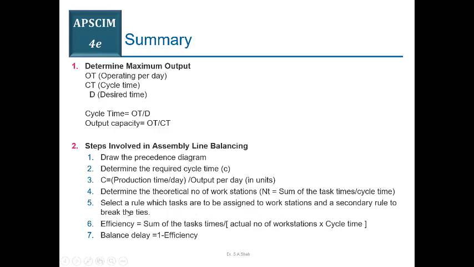And finally, after finding the performance measures, the performance parameters, you conclude your problem by finding the efficiency of that system, और वो efficiency जो है वो आपकी balance efficiency होती है, ठीक है ना.